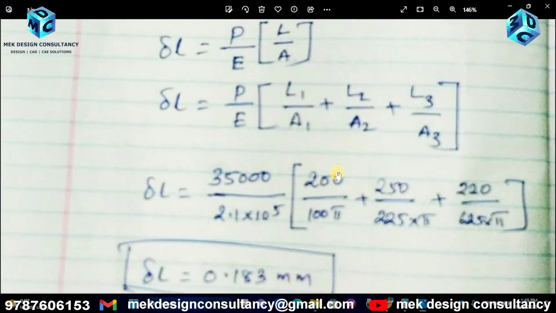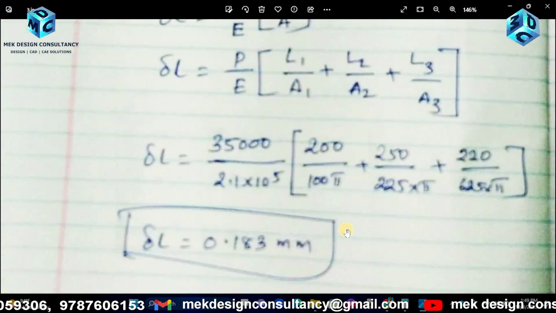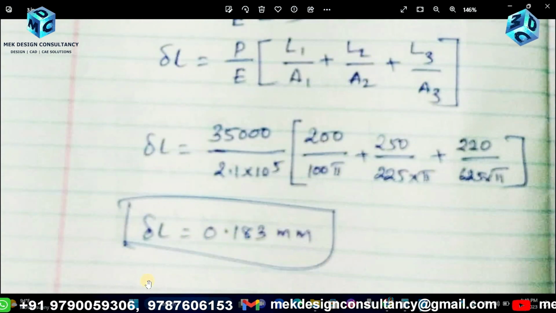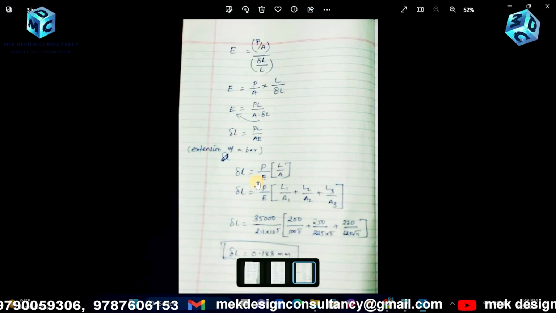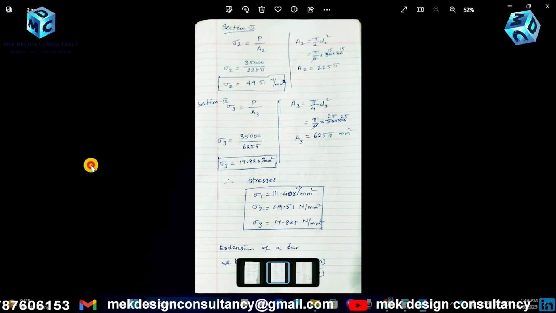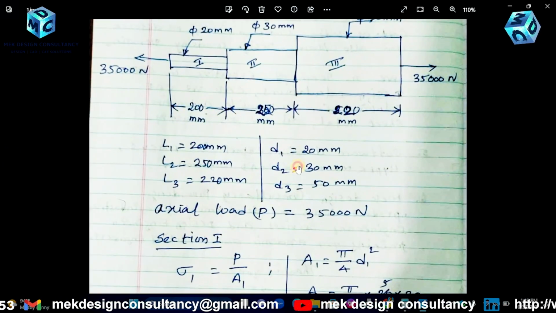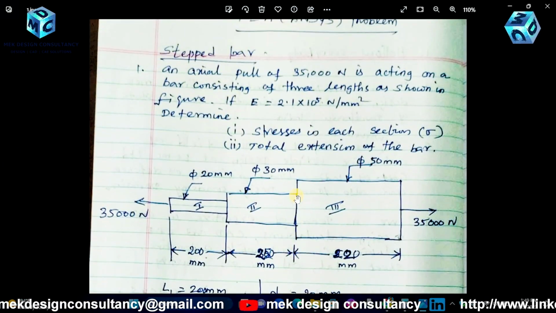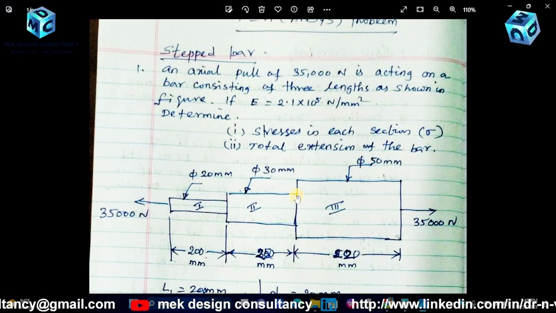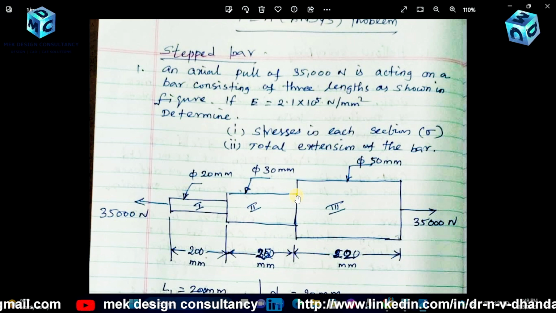Substituting all the values, we finally get del L equal to 0.183 millimeter. This is how we calculate the stress and extension of a stepped bar, which means the total deformation.